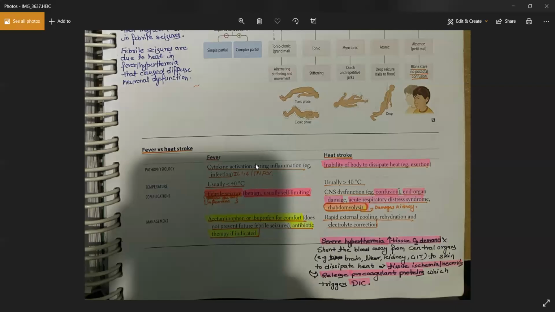PGE1. E1 or E2? I don't remember. I can't recall. E2, right?